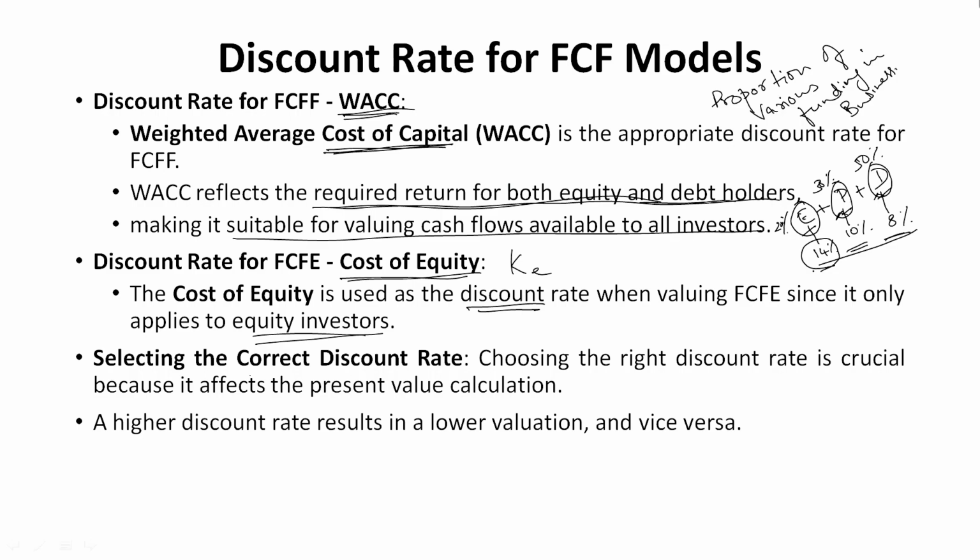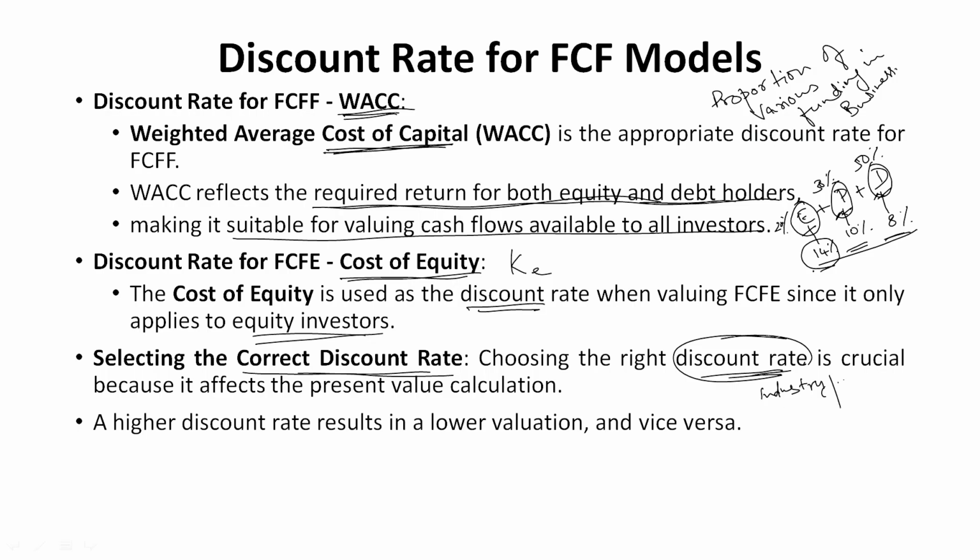And what is the correct discount rate? How do I select it? It is very difficult to say, because it's not always possible for us to pinpoint and say this should be the discount rate to be used for discounting the future cash flow. We try to have certain assumptions where sometimes we consider the industry growth rate to be the base.